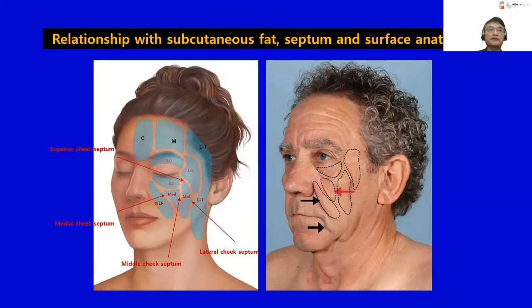To improve facial aging by only modifying the subcutaneous fat layer, compartment-specific volume restoration, which was proposed by Dr. Gerloff, should be recommended. However, in my opinion, it would not be easy to perform fat grafting for each compartment. First, it's not easy to precisely know these compartments on the skin.